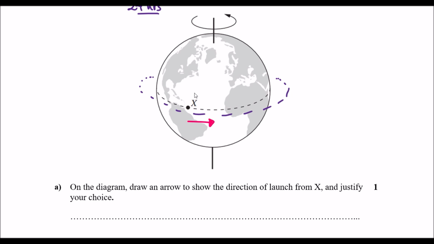The reason is the Earth is rotating in this particular direction, and if the object is launched in the same direction, then we can add on the speeds. It's as if you were standing on an escalator going upwards.